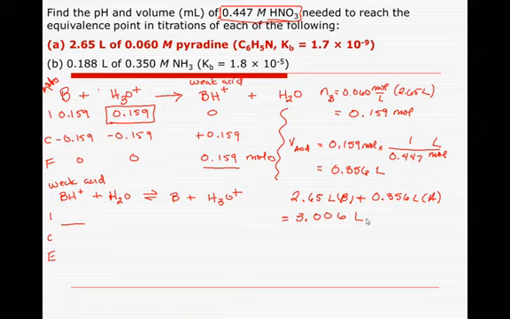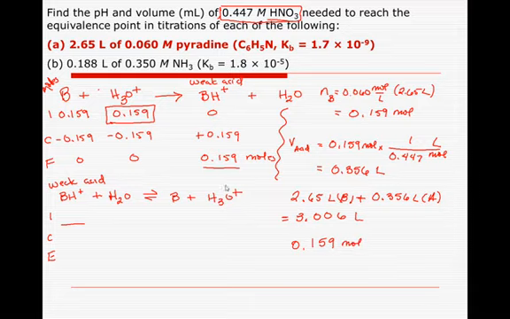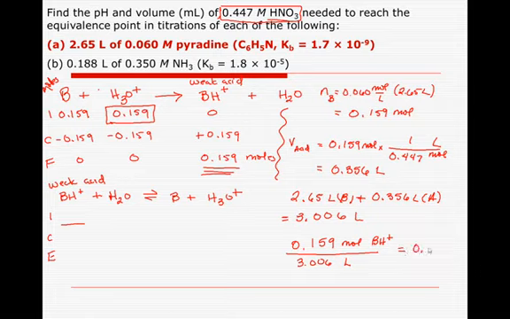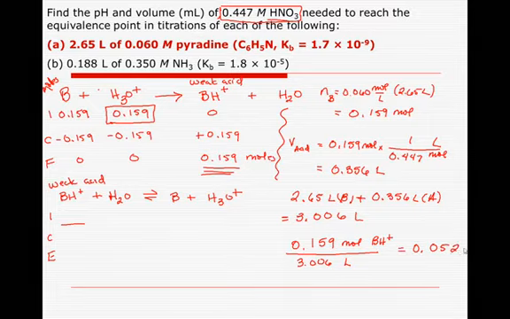So the concentration of this acid would be the moles, which I get out of the top table, of 0.159 moles. Let's look up here. I'll underline where I'm getting that from, of the acid, divided by the total volume, and that will give me a concentration of 0.0529.